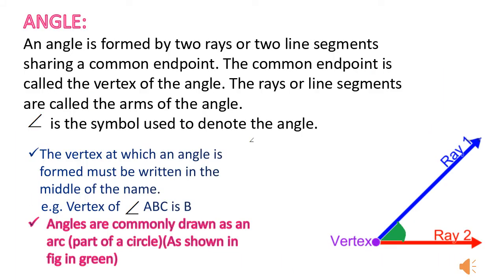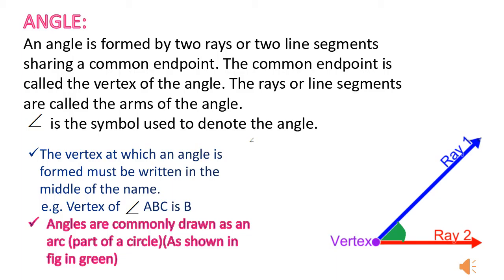Now see how an angle is being formed. An angle is formed by two rays or two line segments sharing a common endpoint. This common endpoint is called the vertex of the angle, and the rays or line segments are called the arms of the angle.